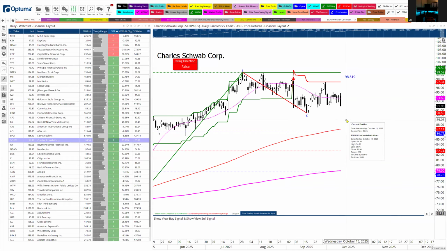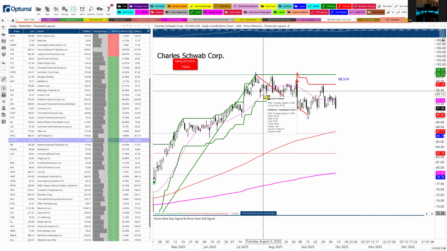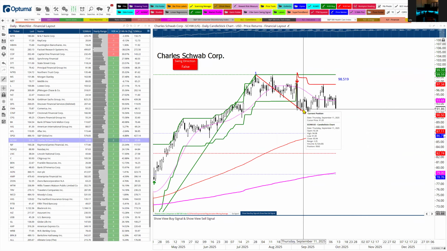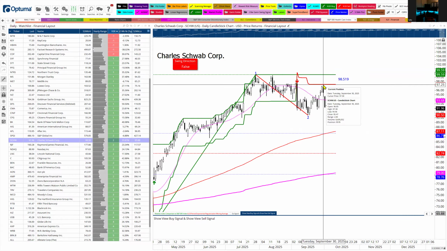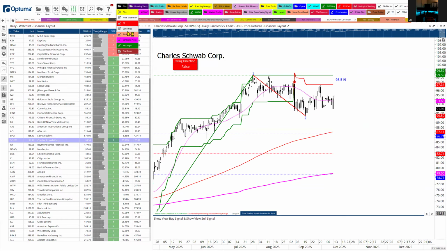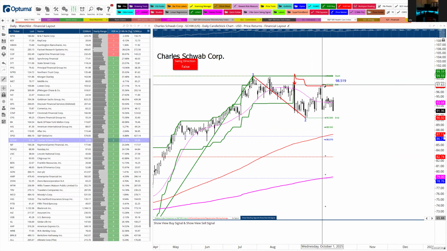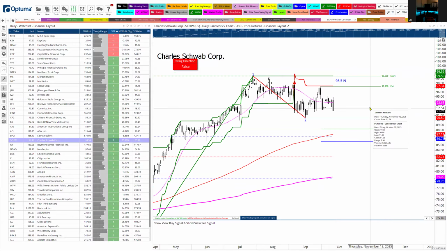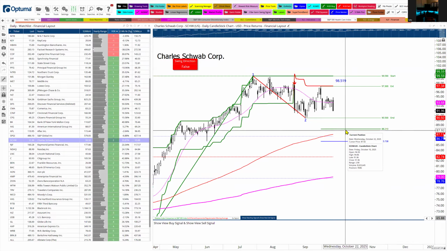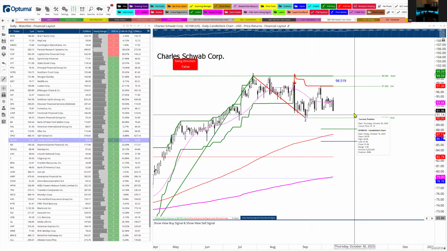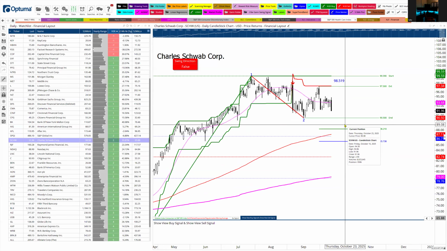It might take another leg down. Got a three-way move here. I would watch this one. Right now the swing is down, so it's going to be somewhere around here, the 90 to 88 zone.